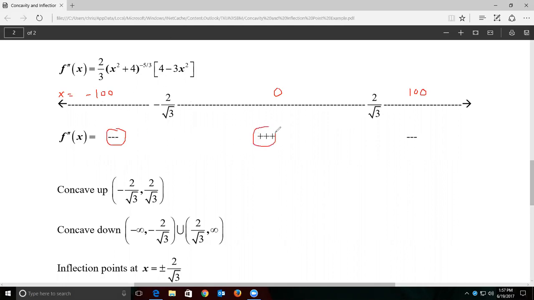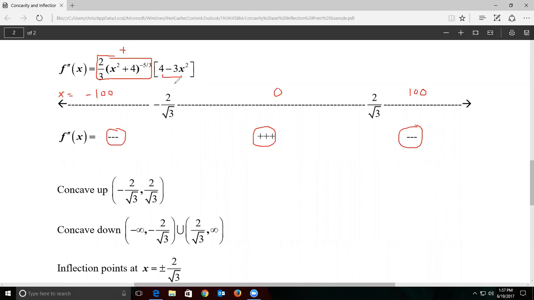Negative, positive, and negative. Notice, for instance, if I plugged in negative 100, this term we can really get rid of because that, as we said above, it's always going to be positive. So this term is always positive no matter what I plug in, because I square it and add 4, and then I take a power, so that's always going to be positive. This term is really what we need to worry about.